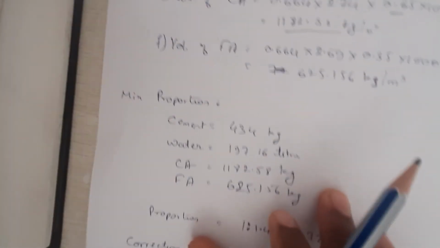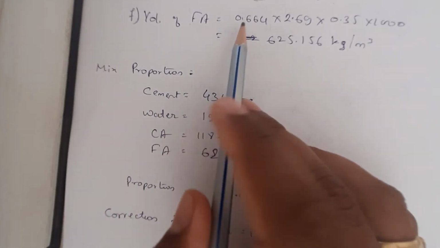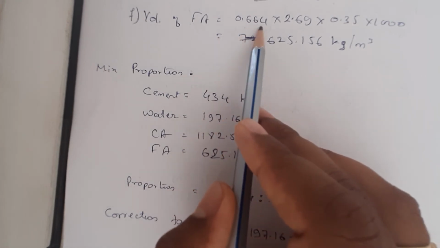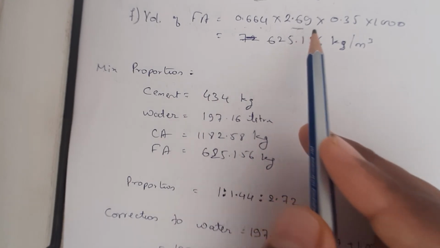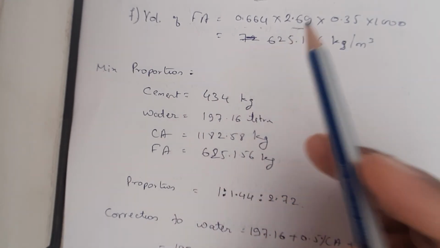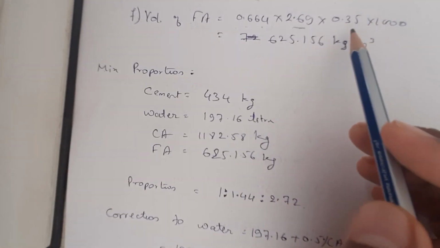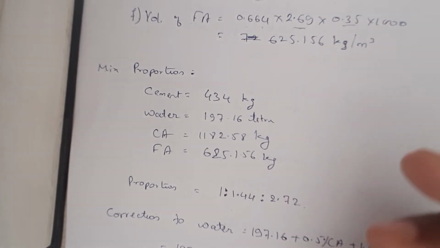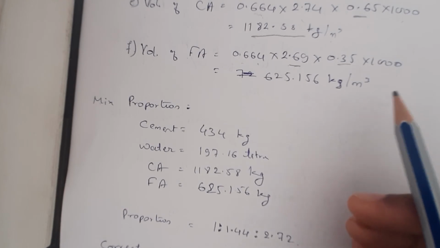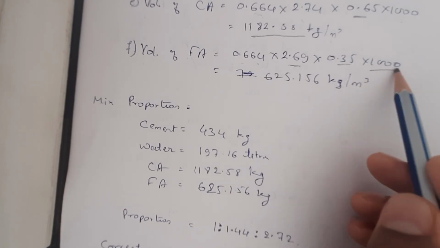Similarly, I will calculate the volume of fine aggregate by 0.664. It is the volume of all-in aggregate into the specific gravity, that is 2.69, the specific gravity of the fine aggregate, into 0.35. It is the amount of fine aggregate for M20 grade of concrete, and then into 1000.